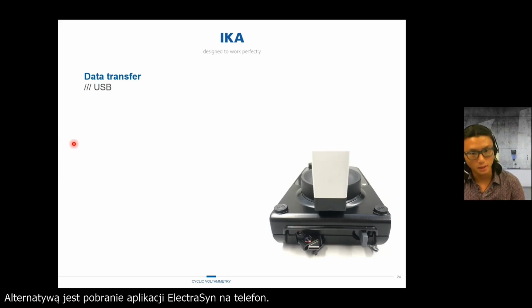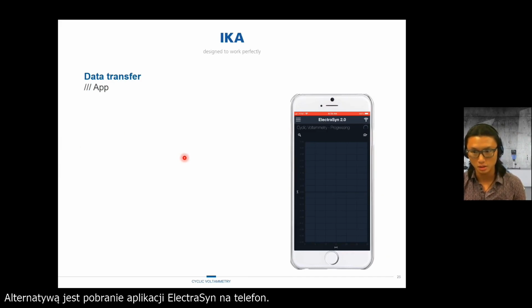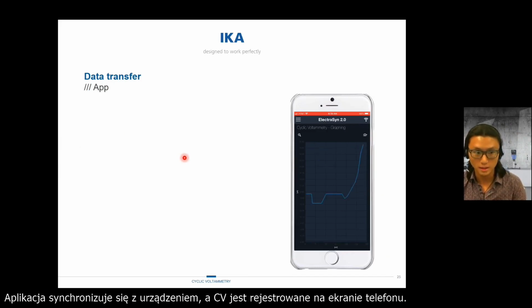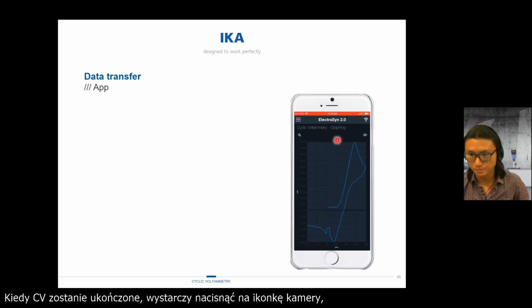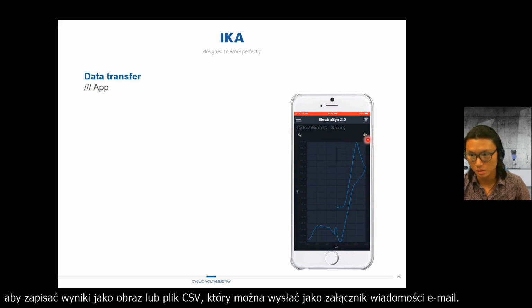And alternatively, you can also download the electrocene app on your mobile device, and the app synchronizes the CV result, and this is how the curve plots on your cell phone. And once CV plotting is finished, you want to tap on the camera icon.